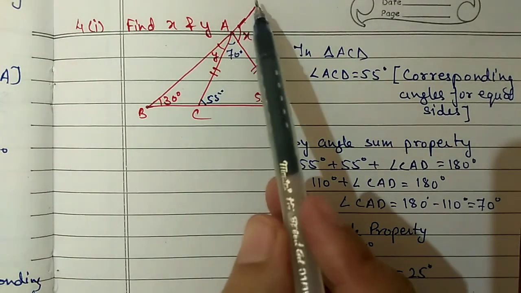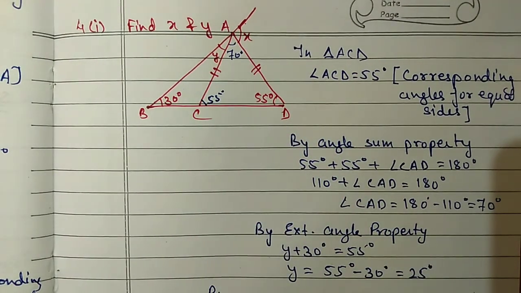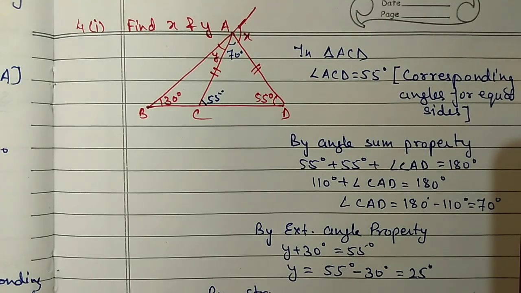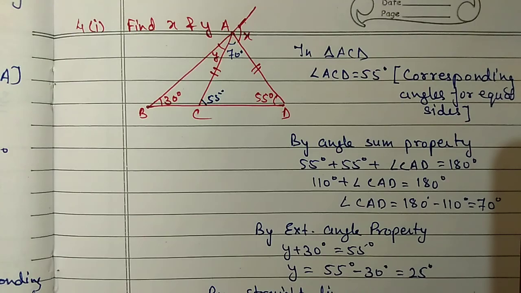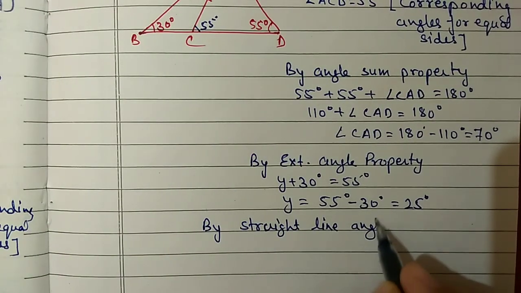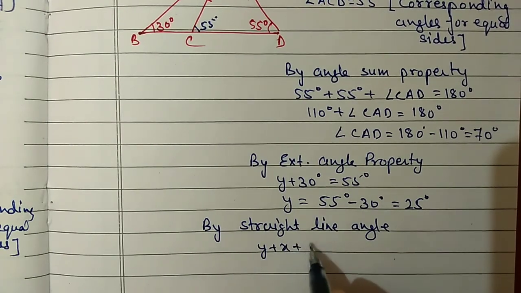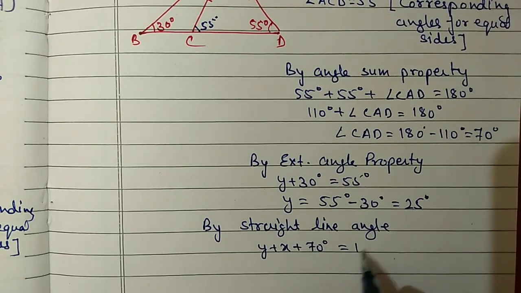Now we can use here straight line angle property. By straight line angle property, y plus x plus 70 degree is equal to 180 degree.